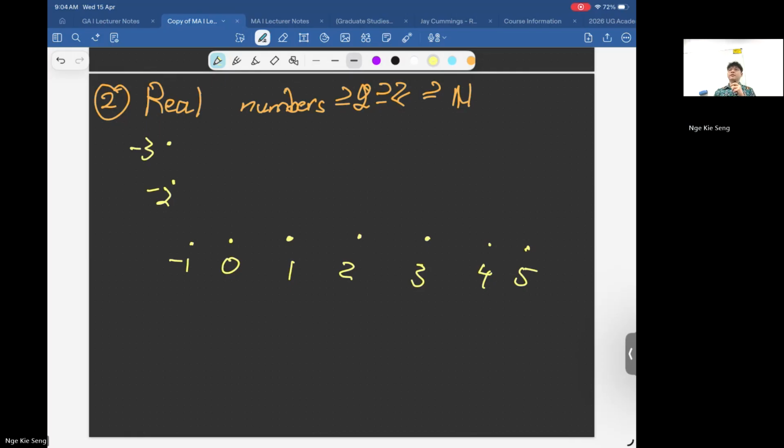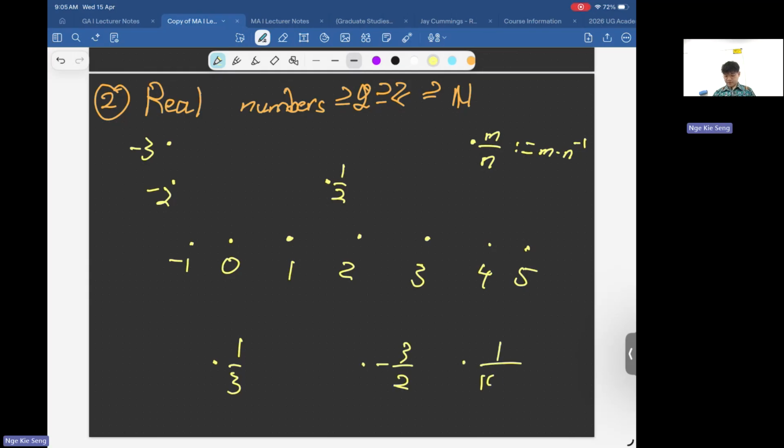And then we add in the multiplicative inverse, right? For rational number, if you still remember m over n, right? We define as m times n inverse. So they are like 1/2 here, maybe 1/3 here, negative 3/3, maybe 1/3.